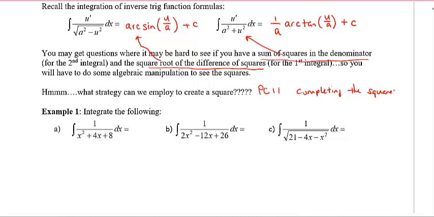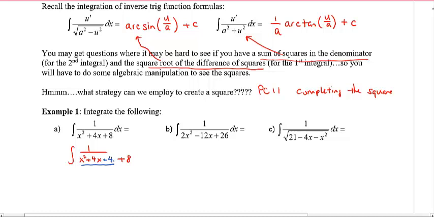So if you look at number 1a, I don't know if you remember, but we did something like this. We said, okay, let's separate it. What magic number gets to be plugged in here to make these three things a perfect square? It's always half of the coefficient in the linear term. So half of 4 is 2, and then we have to square it.